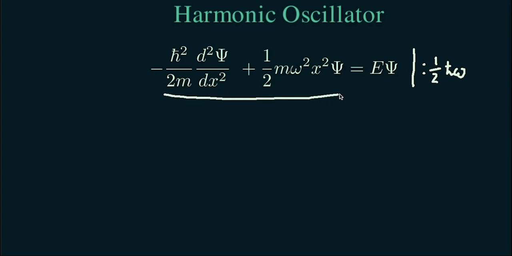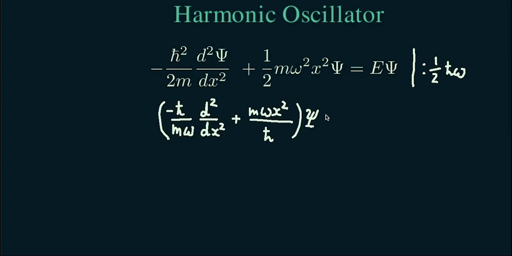So this left side would reduce to an expression like this, where I have also pulled out the psi, and our right side would just be 2E over h bar omega psi. Okay, so this is what we get after dividing by 1/2 h bar omega.